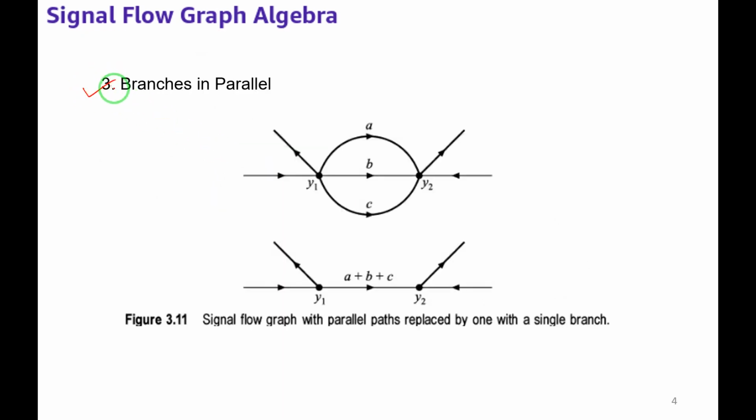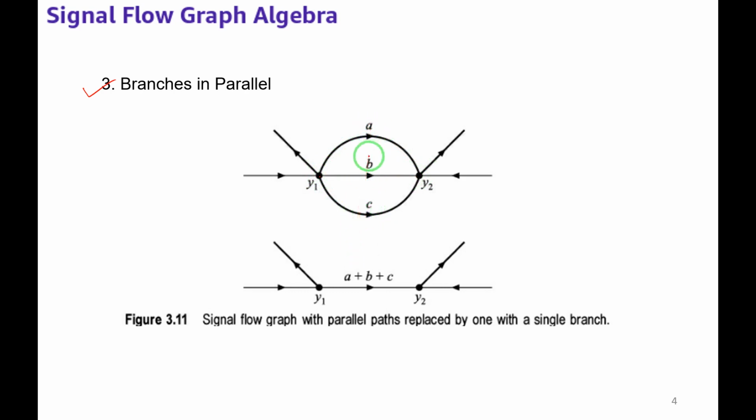Suppose the branches are in parallel. This is a random signal flow graph with nodes y1, y2. You can observe that from y1 to y2 there is a branch with gain A, another branch from y1 to y2 with gain B, and similarly another branch C. These branches A, B, C are in parallel.